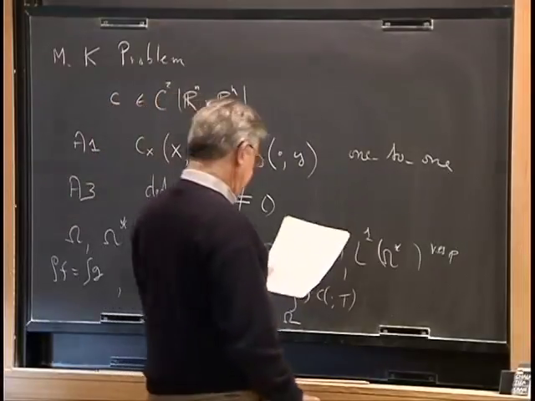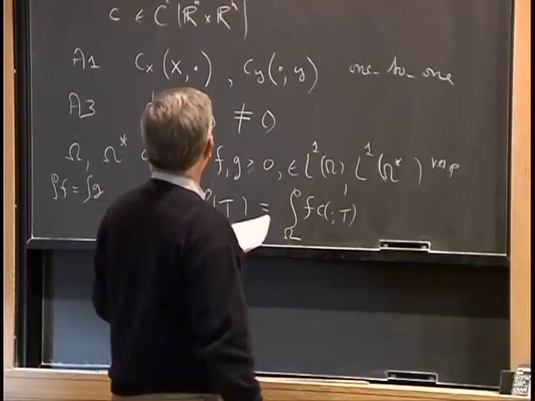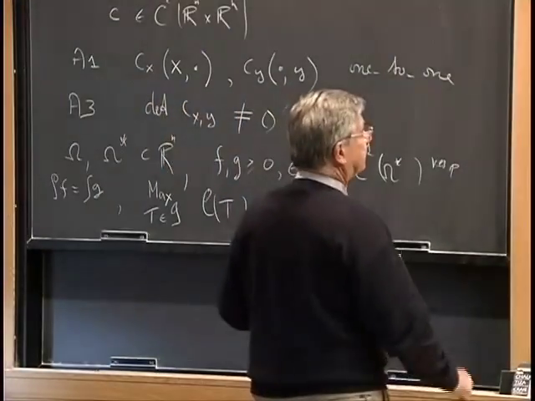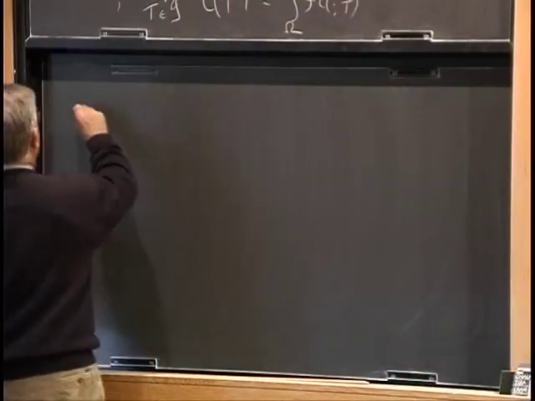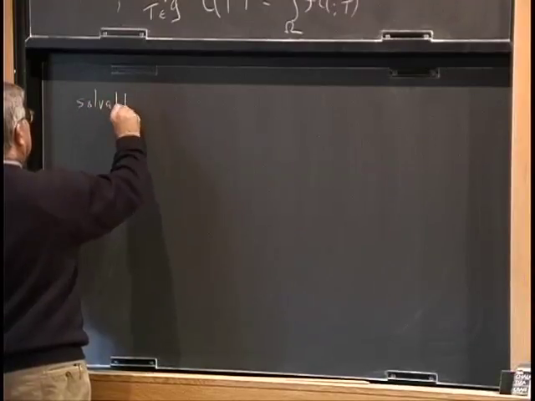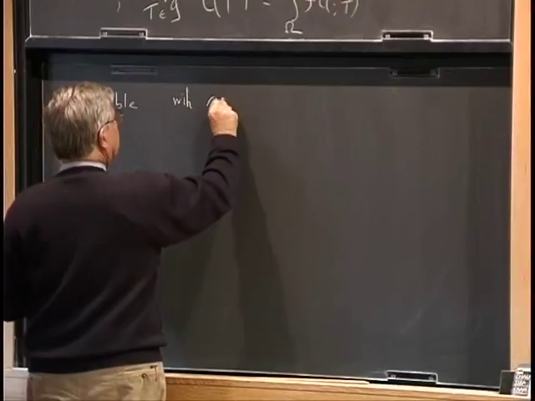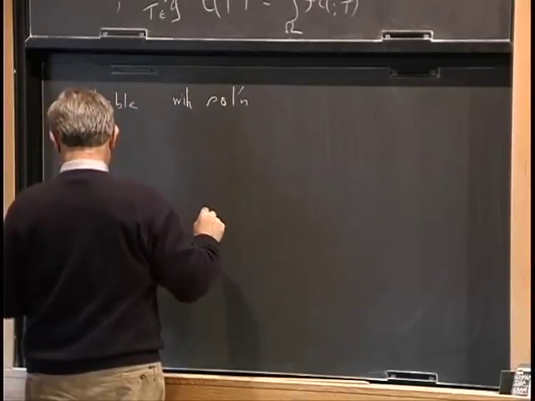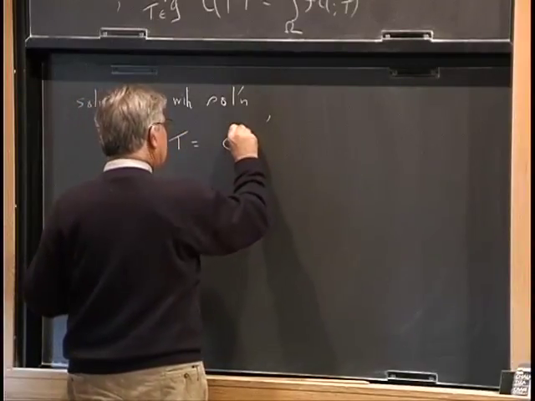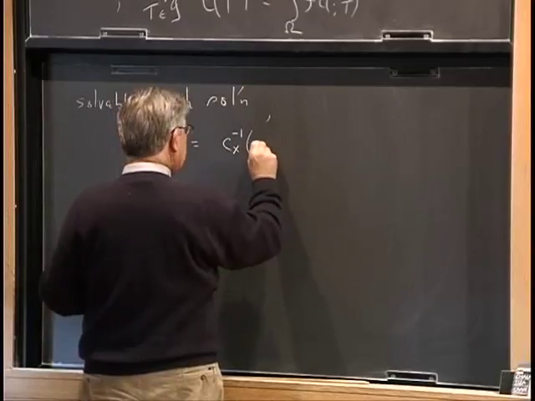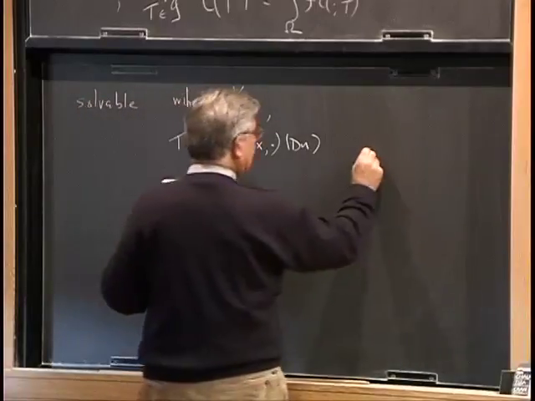And we saw that this is solvable under these conditions, with a solution given by T equal to the inverse of this c sub x of the gradient of a function u, a.e.